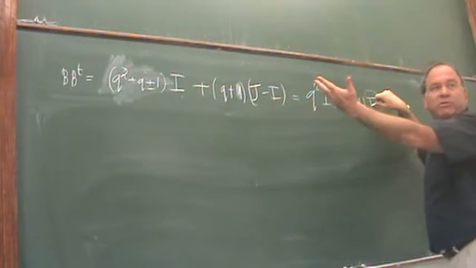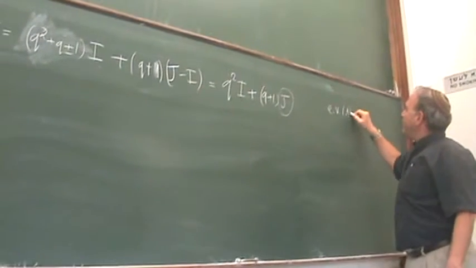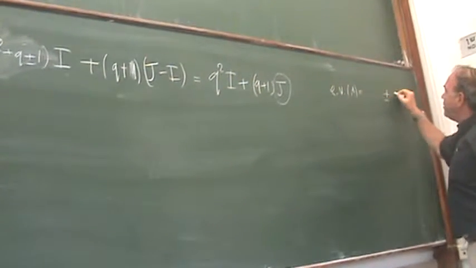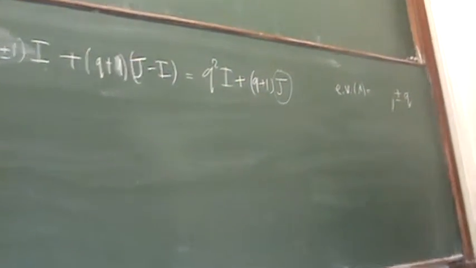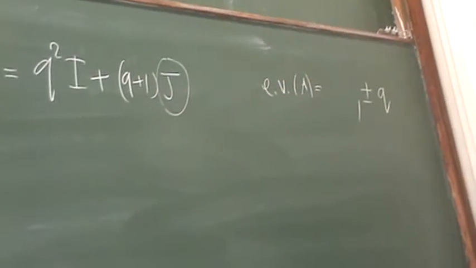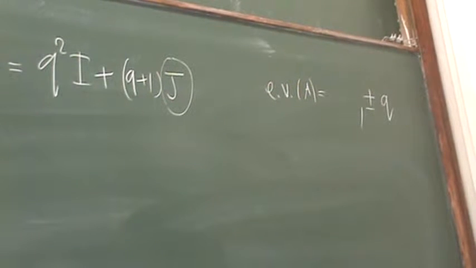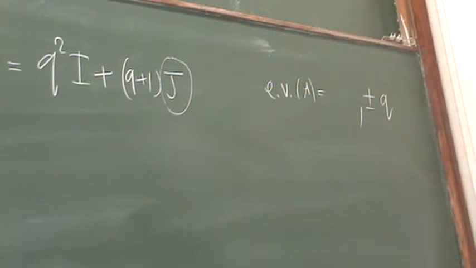So most of the eigenvalues of A squared will be Q squared, which means that many of the eigenvalues of A will be plus or minus Q, because Q squared will be an eigenvalue. Right, I'm doing it now faster than last time. I don't want to do all the details in each computation. Is it clear? But stop me if it's not clear.